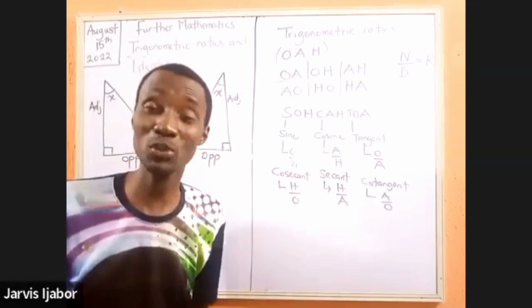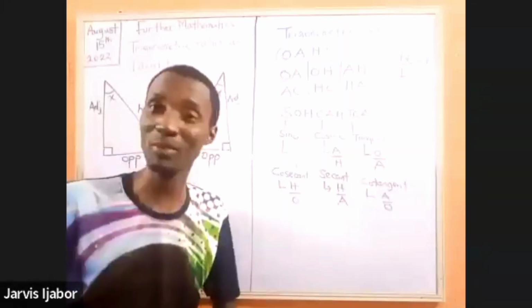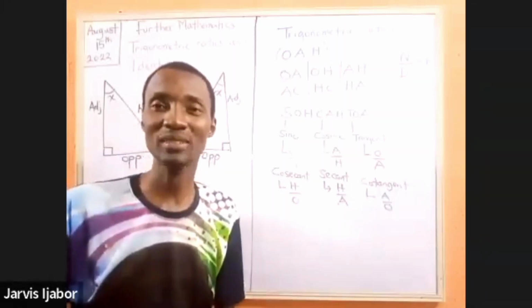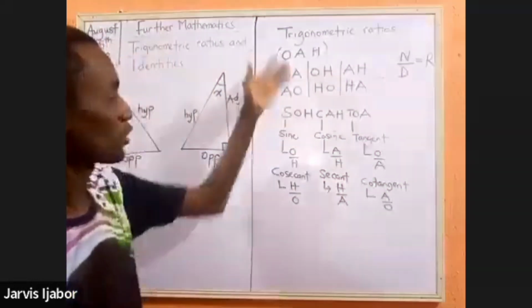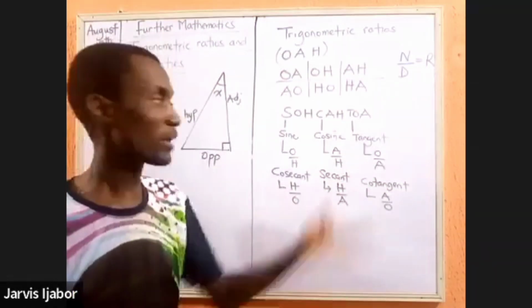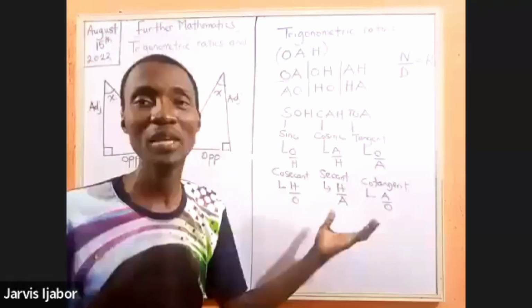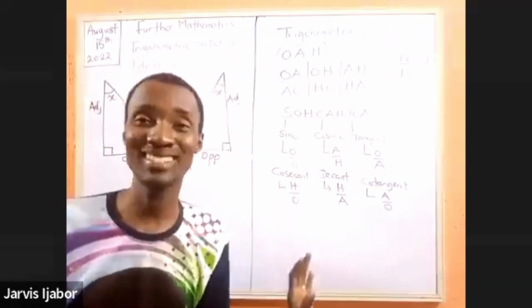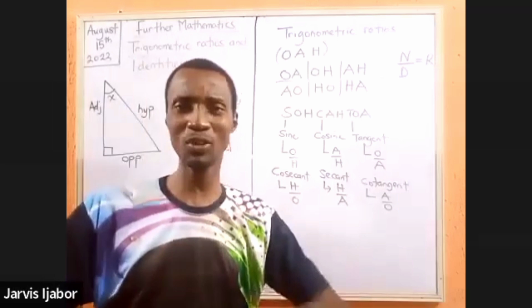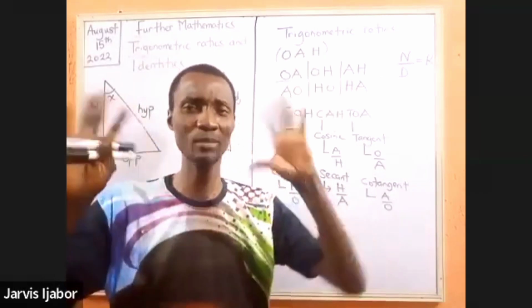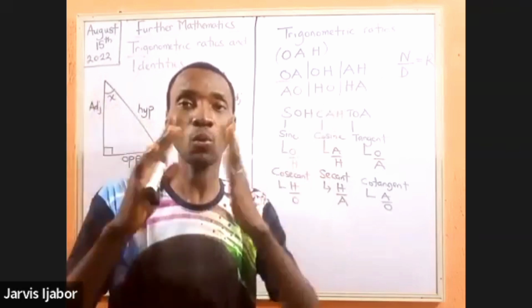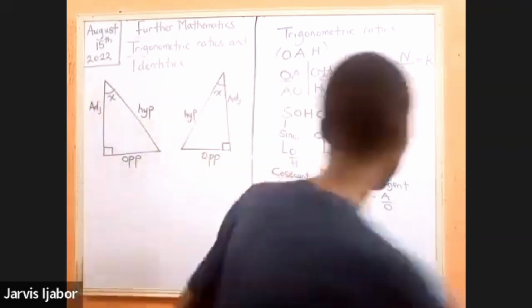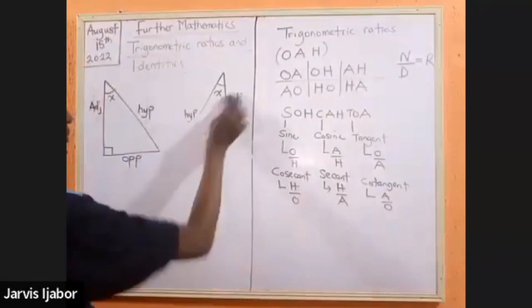In mathematics, we usually limit it to just 3, but in further mathematics, you must know that there are 6 types of trigonometric ratios. I'll leave it at that because I will come back later to drive these ideas further. This is more or less a descriptive class to help you see in perspective what's happening in this realm. All right, so we're done with that.